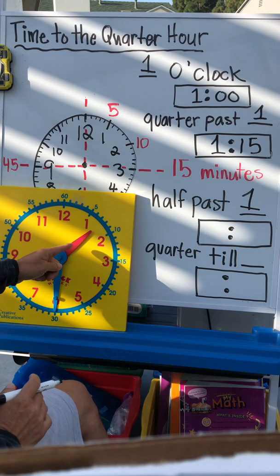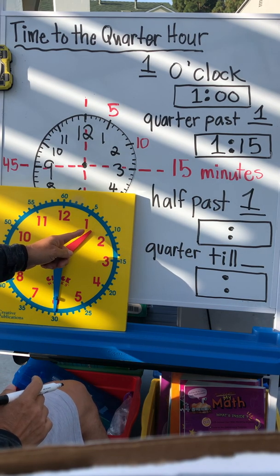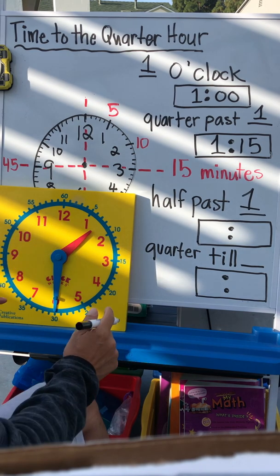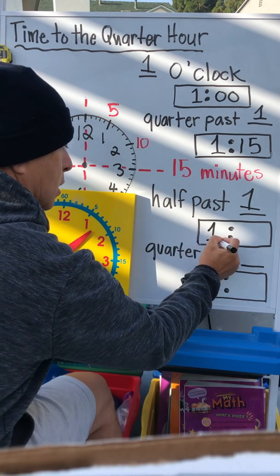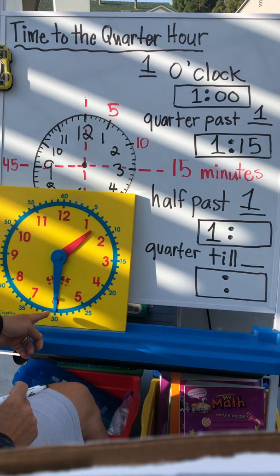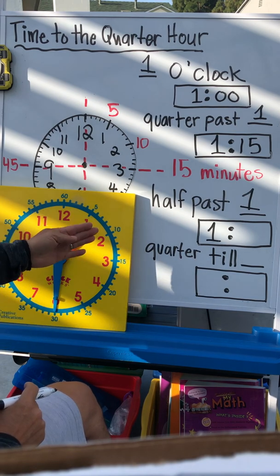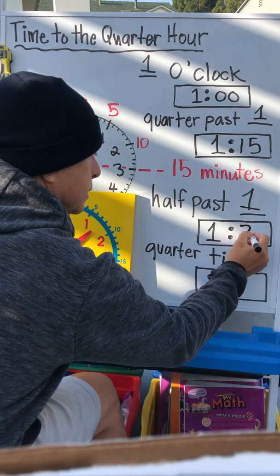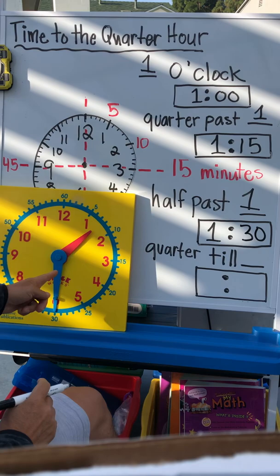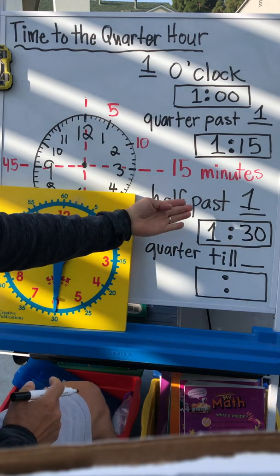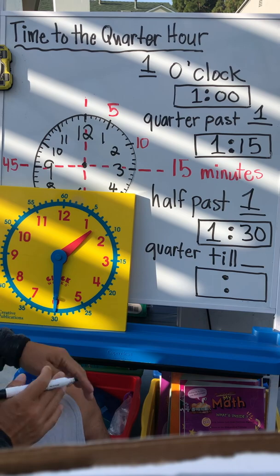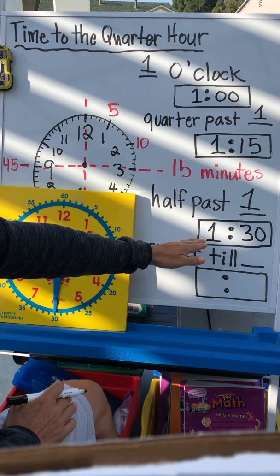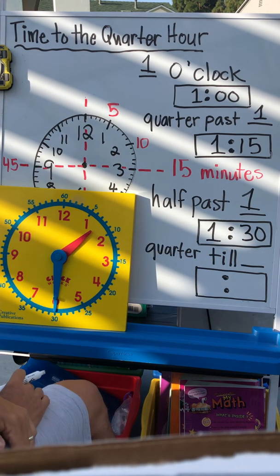So we look at our hour hand again, and we know when the hour hand moves a little bit, we always go back to the smaller number. So it's still 1. And then we look down here at our minutes. And we know that when the minute hand is halfway around the clock, it's at 30. So we write the minutes, 30 minutes. Okay. So what time is it now? Well, we say 1:30. How do we write it? 1:30. That means the hour is 1 and it's 30 minutes past 1.